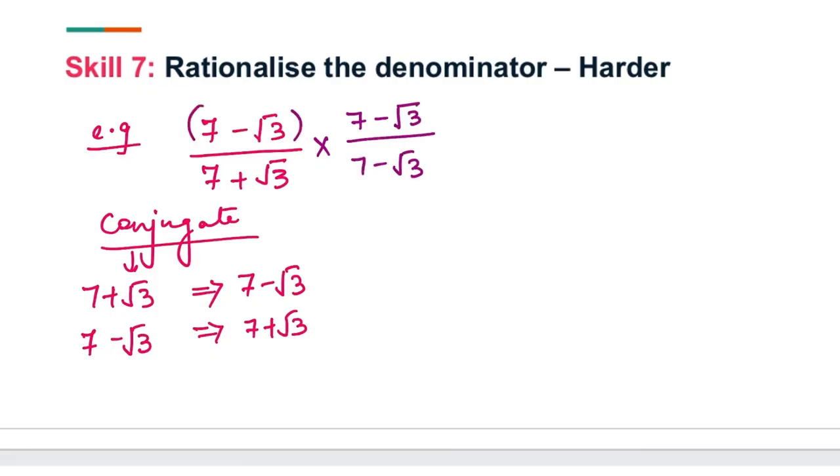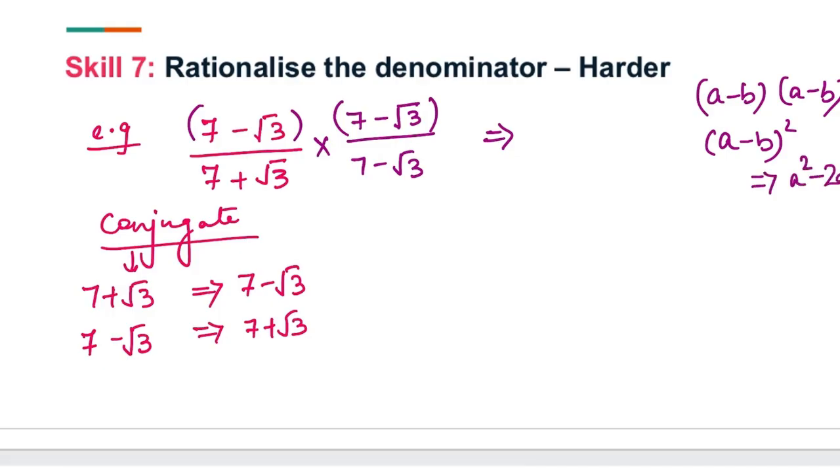In the numerator you have the same, so you can use the algebraic identity. I always put an emphasis: learn the identity. Here you have (a minus b) and (a minus b) on the numerator, which becomes (a minus b) whole squared, and we know that it is a squared minus 2ab plus b squared, right?